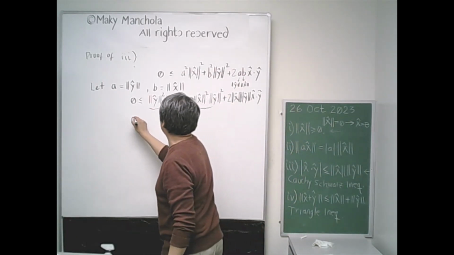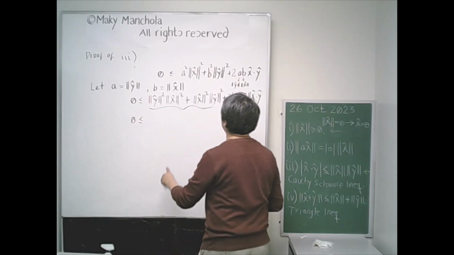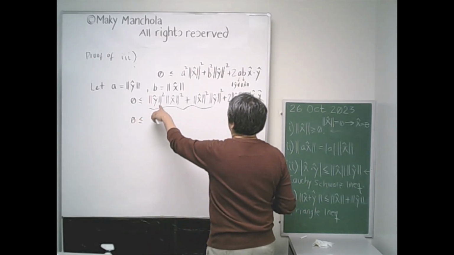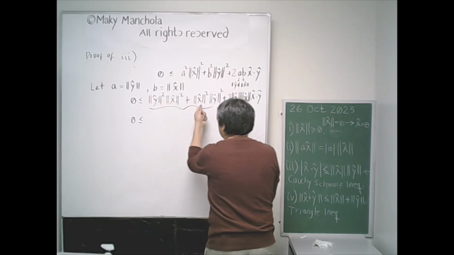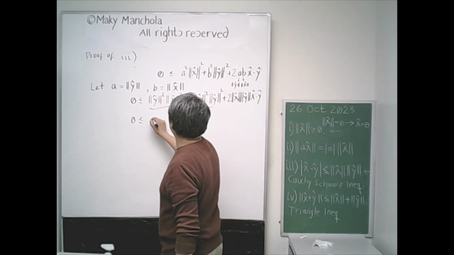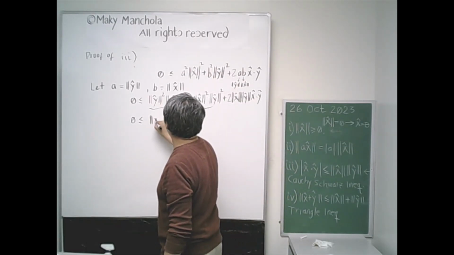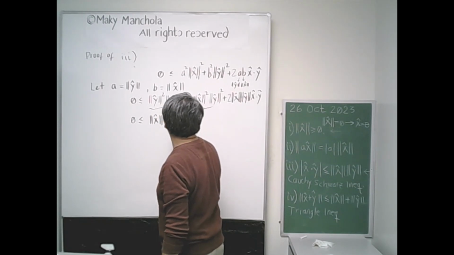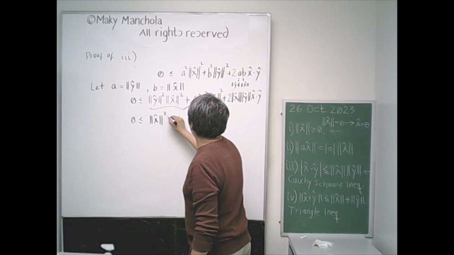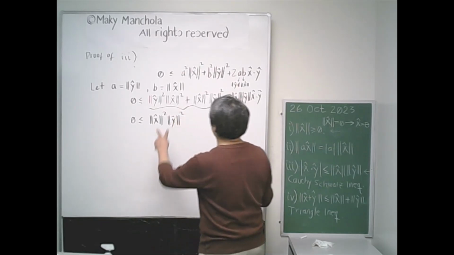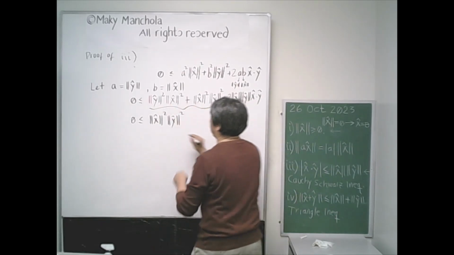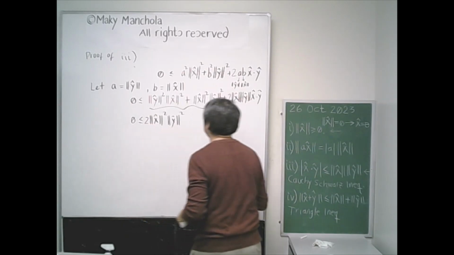So 0 is less than or equal to, when you commute these two, you get identically that. So that's the norm of x hat squared multiplied by the norm of y hat squared, but there are two of them. So put your 2 in front.